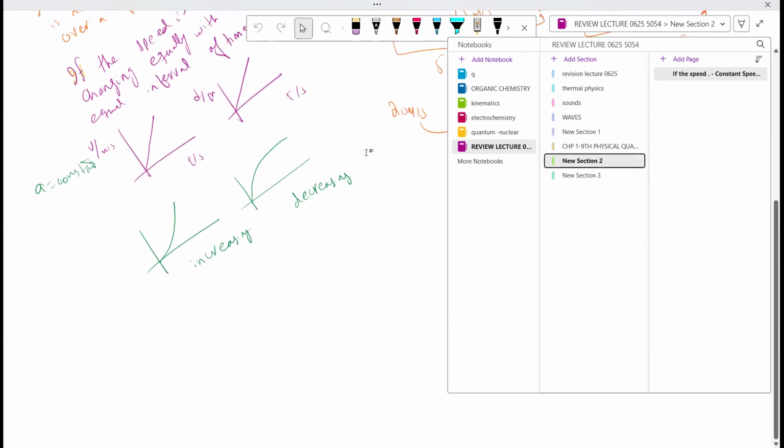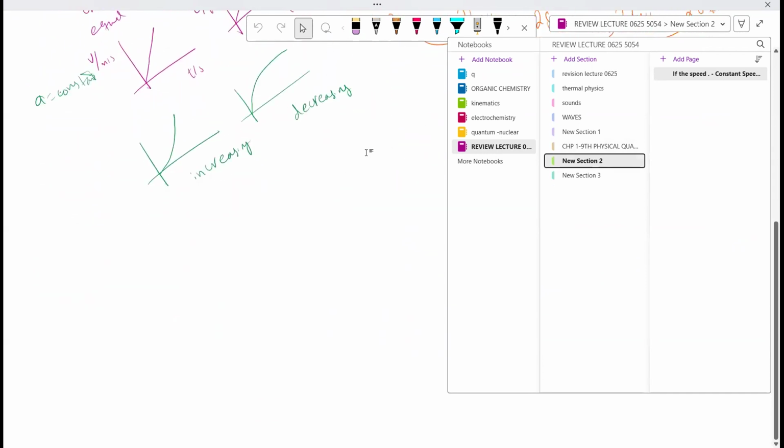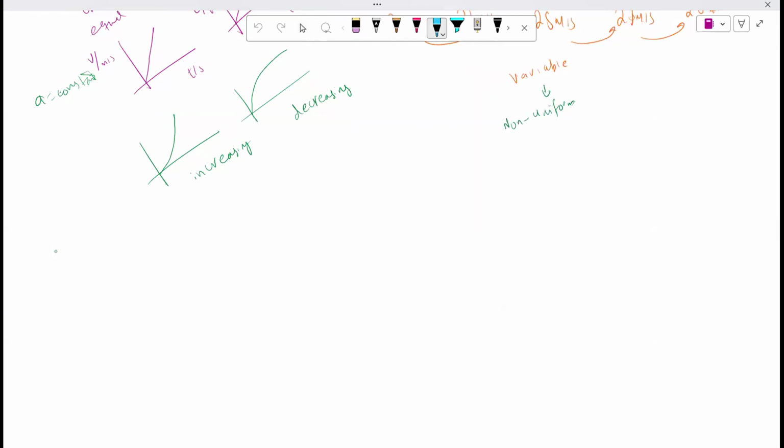Let me write it down. Law of inertia. If you remember, I gave you a small overview of inertia: inertia is a property of the body that is dependent on mass.